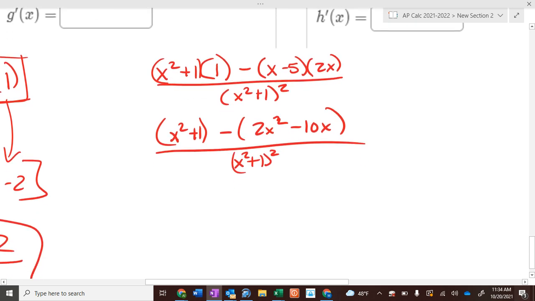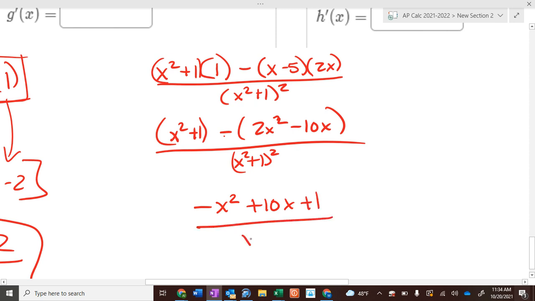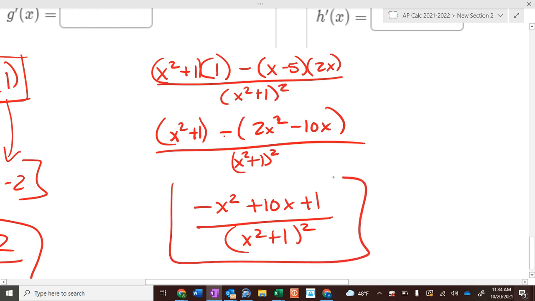But that doesn't change. Okay, so what's x squared minus 2x squared? Negative x squared. And then 1 is just 1. And then minus a negative 10x is plus 10x, and then plus 1 over x squared plus 1 quantity squared.